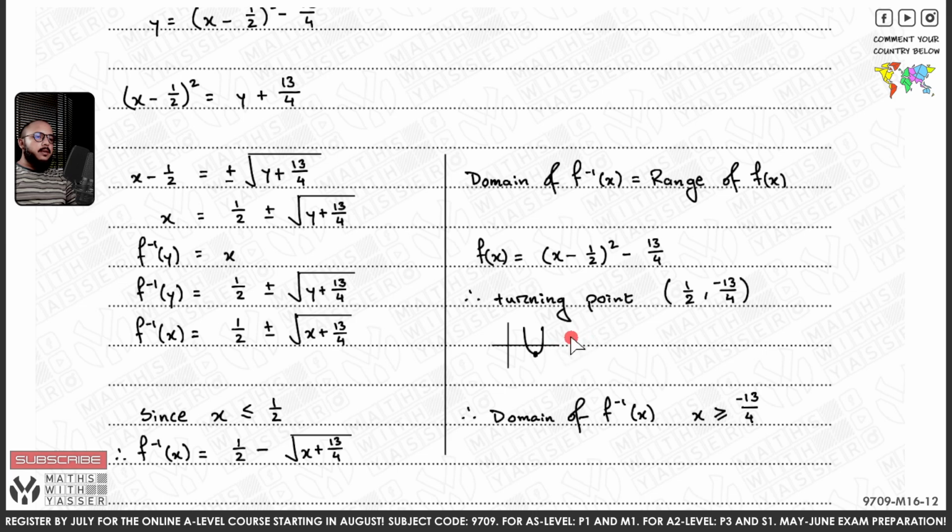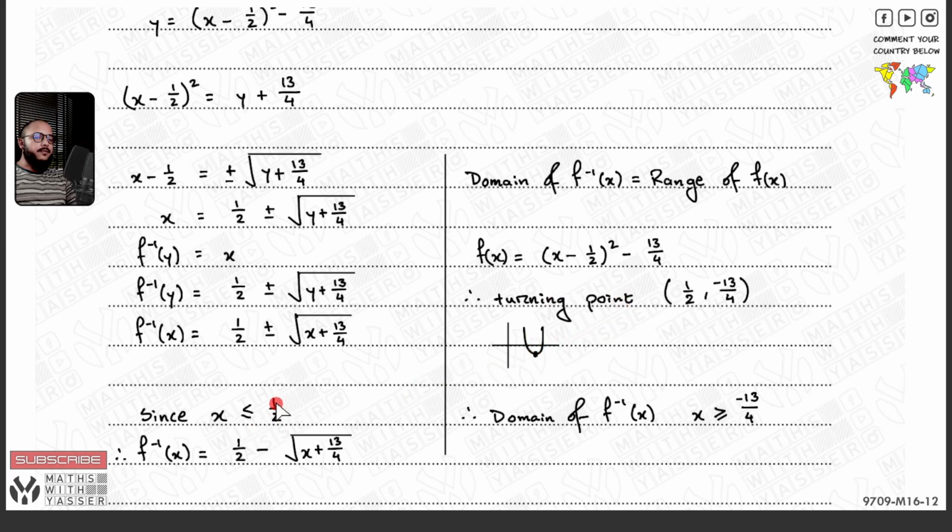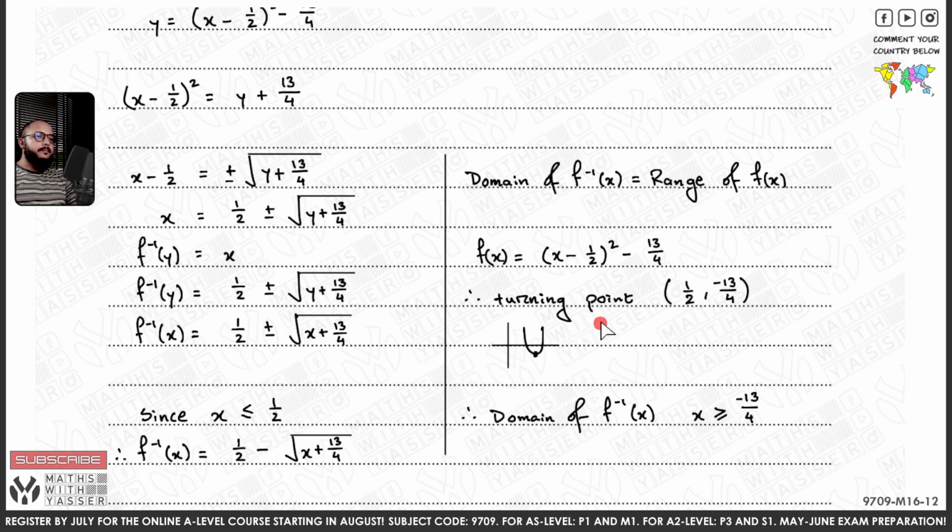So since the domain of f(x) is x less than half, this was the domain, the range of f(x) will be, the curve goes upwards, so it will be greater than negative 13 by 4. That means the domain of f inverse must be x greater than or equal to negative 13 by 4.